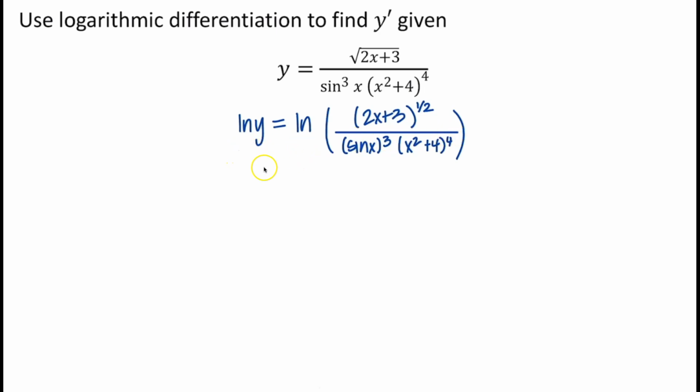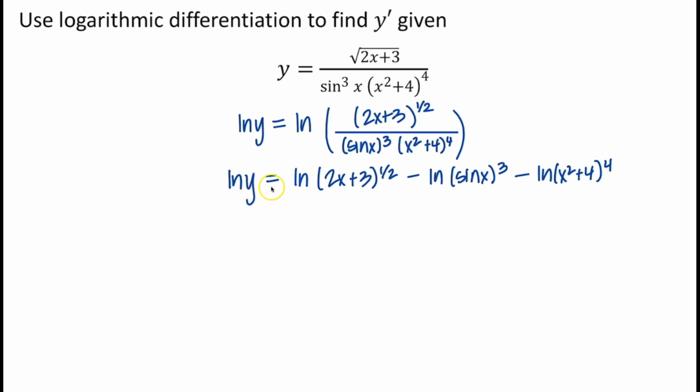So here we're going to have natural log of y equals natural log of the numerator, 2x plus 3 to the 1/2. And then any pieces in the denominator are going to be subtracted, any parts of that product. So minus natural log of sine x all cubed minus natural log of x squared plus 4 all to the fourth.